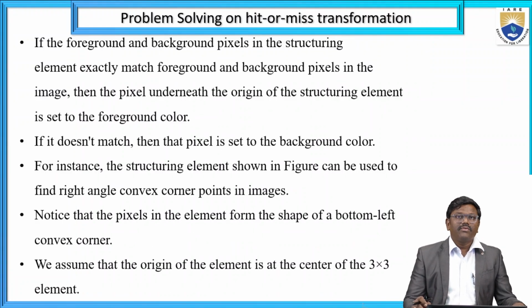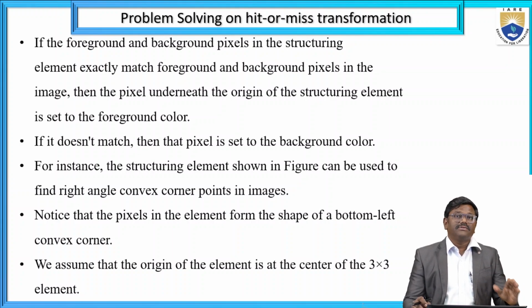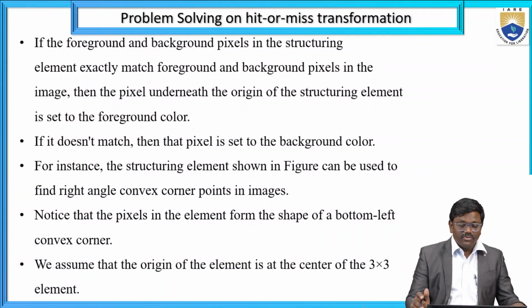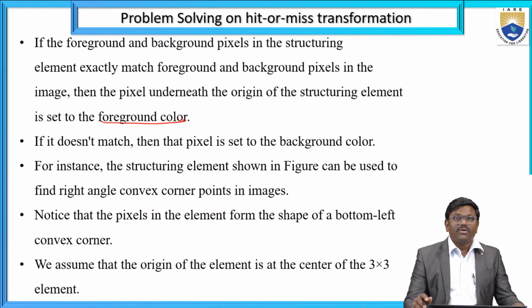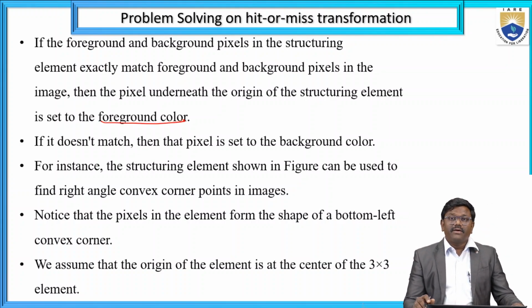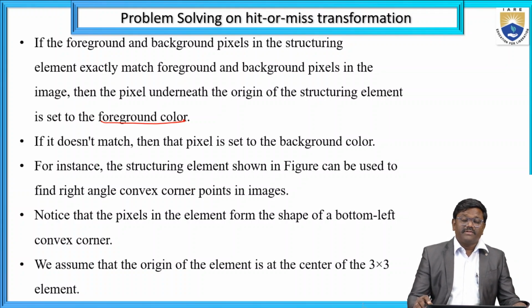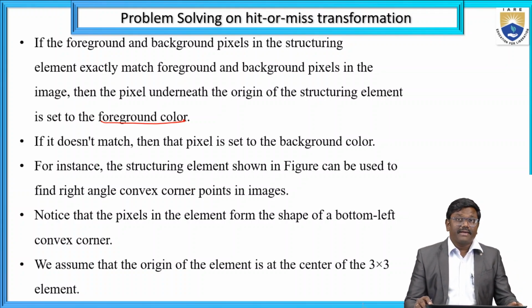If the foreground and background pixels in the structuring element exactly match the foreground and background pixels in the image, then the pixel underneath the origin of the structuring element is set to the foreground color. If it does not match, then the pixel is set to the background color.